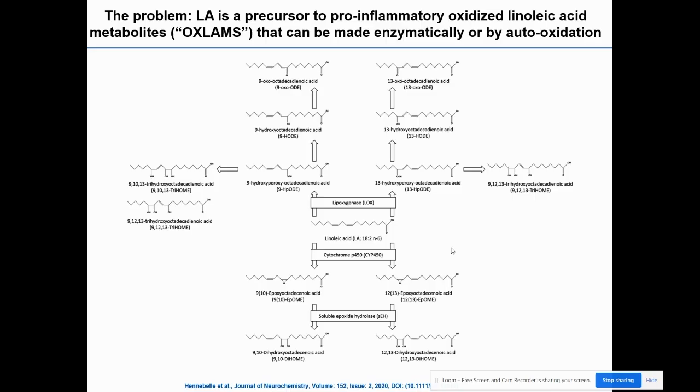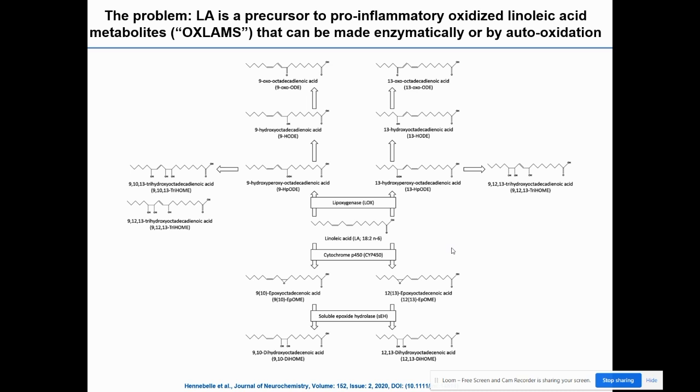So what's the problem here? LA is actually a precursor to pro-inflammatory OXLAMs, or oxidized linoleic acid metabolites, which can be made either through enzymes or by non-enzymatic processes, what's called autooxidation. The best example of autooxidation is when you cook with oil. You oxidize it, and if you're using a high LA oil, it gets oxidized, and it can form some of these OXLAMs.